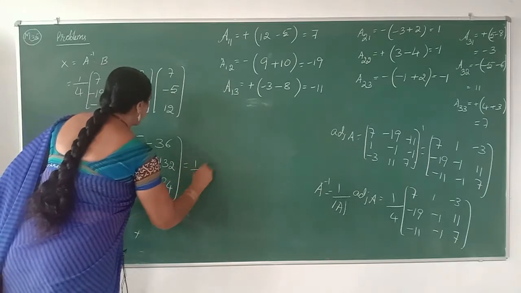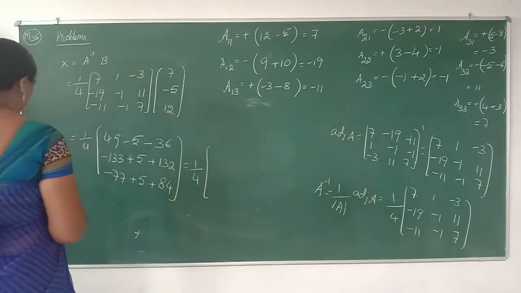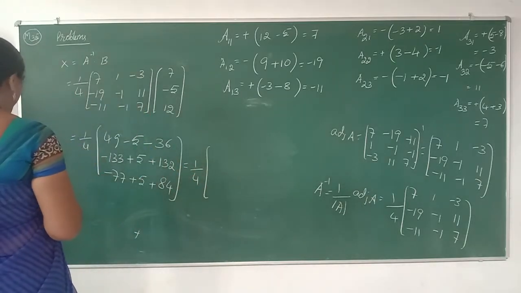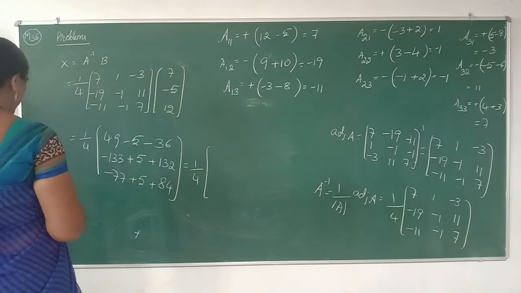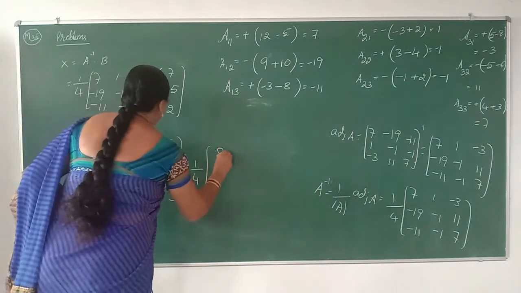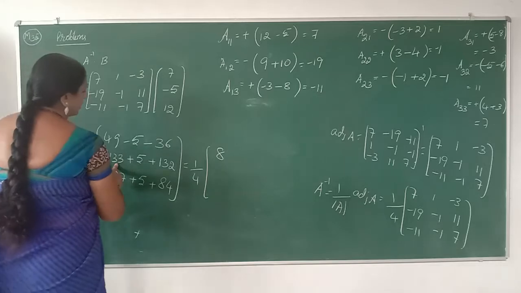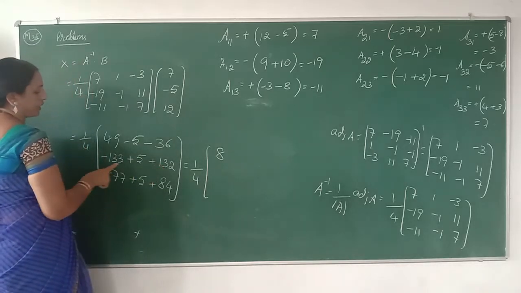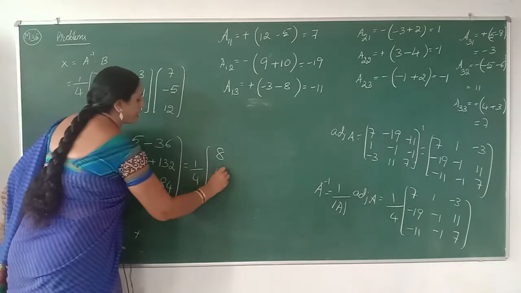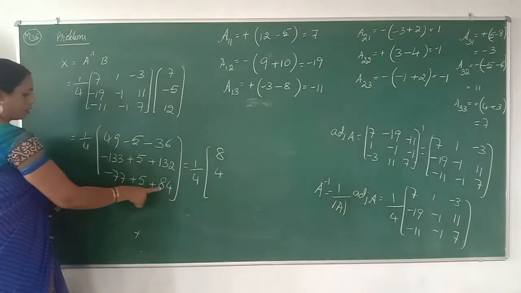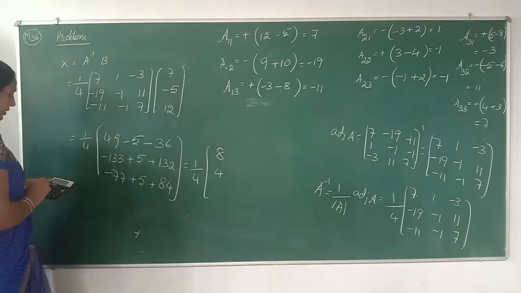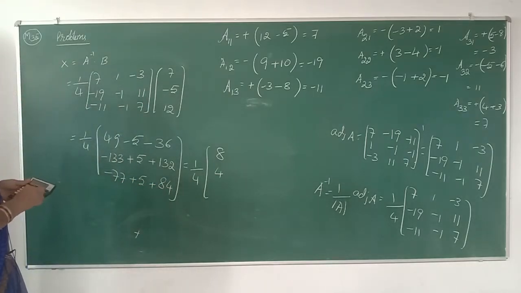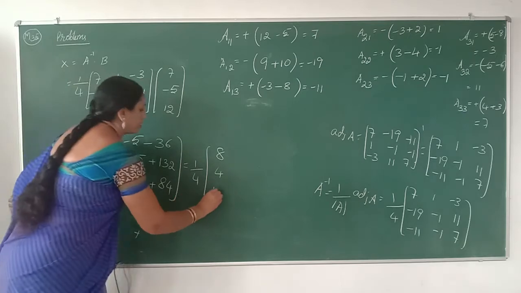So that is 1 divided by 4 of 49 minus 5 minus 36 is 8. Minus 133 plus 132 is minus 1. Minus 1 plus 5 is 4. Minus 77. 84 minus 77 plus 5 is 12.